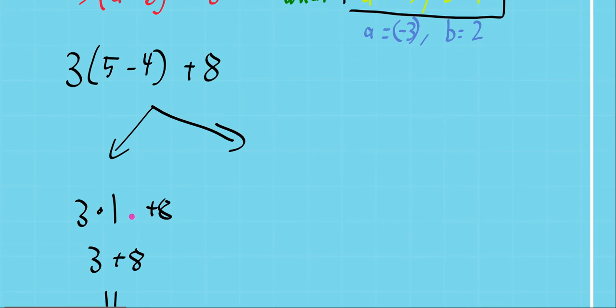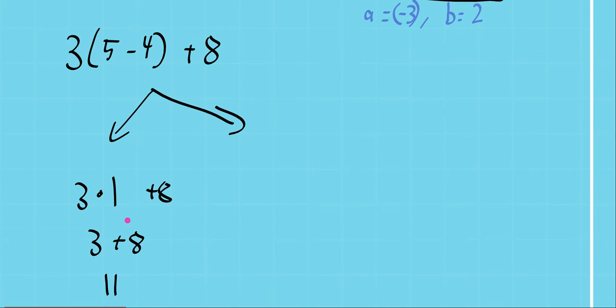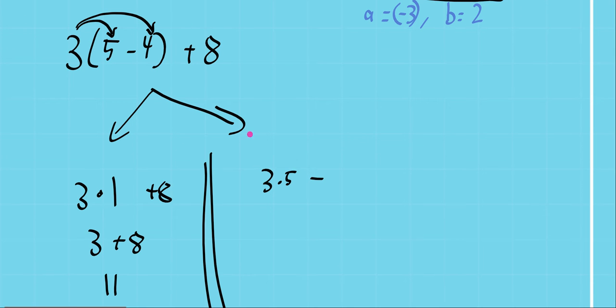But I'm going to show another way which just emphasizes another skill. We talked about distribution in an earlier video. So if we do 3 times 5 and 3 times negative 4, if we distribute the 3 on the outside of the bracket to the inside, we should get the same result. Just make sure that works. So if we do 3 times 5, and 3 times negative 4, so minus 3 times 4, and then add 8.